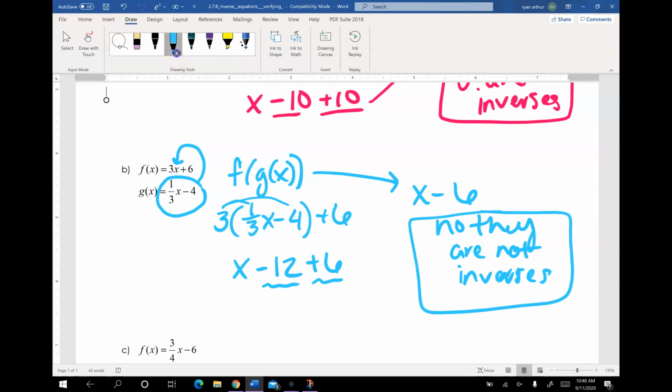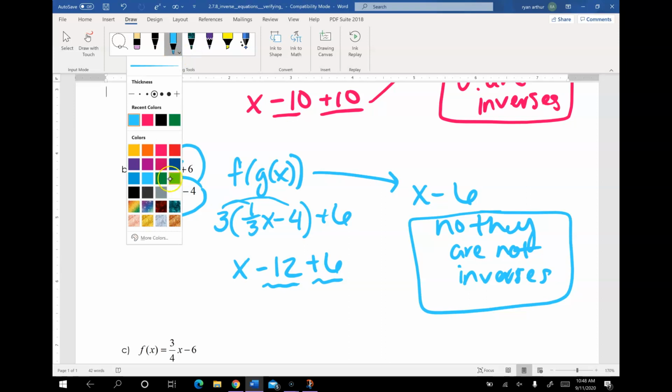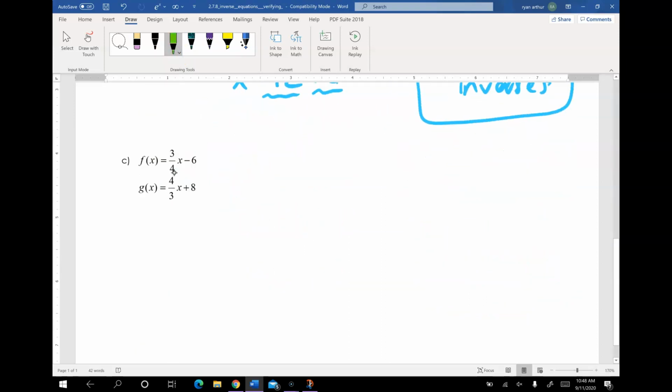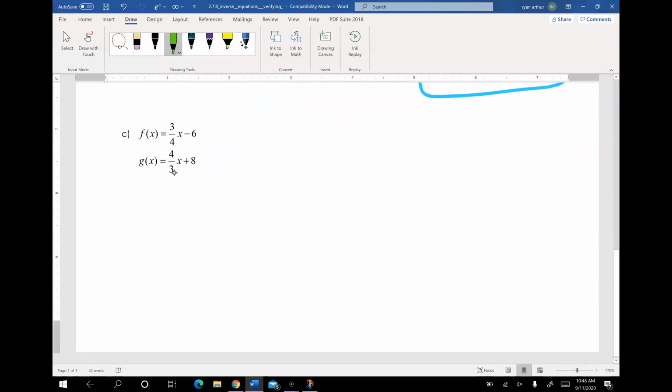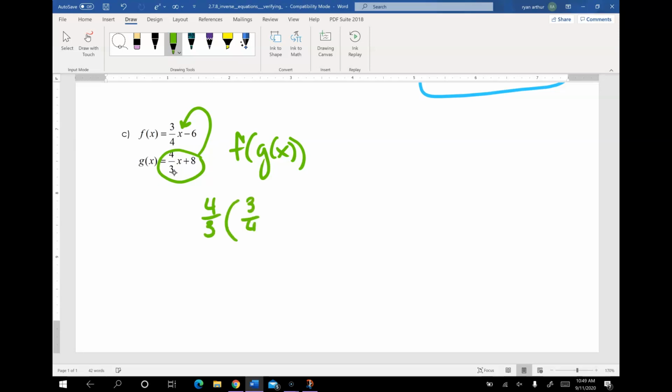So last one, okay? So we're going to do it again, f of g of x. All right, so I'm going to take g of x and I'm going to substitute it into f of x. So now I have 4/3 times 3/4 x minus 6 plus 8. If you get nervous about multiplying fractions, use your calculator, okay? So you can type in Desmos 4/3 times 3/4.